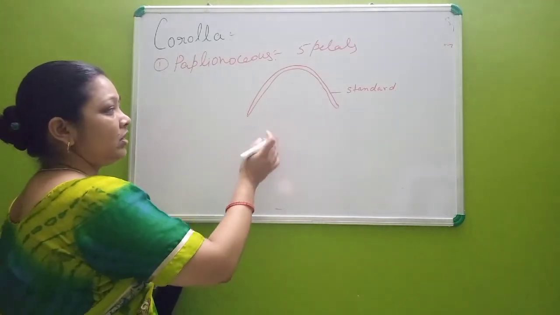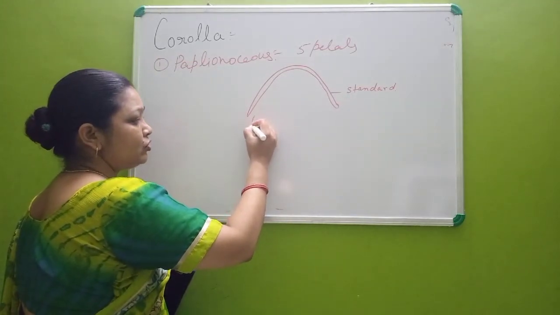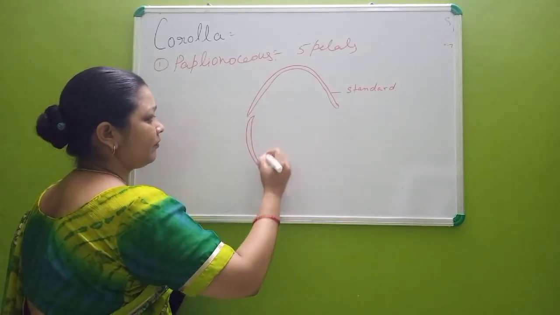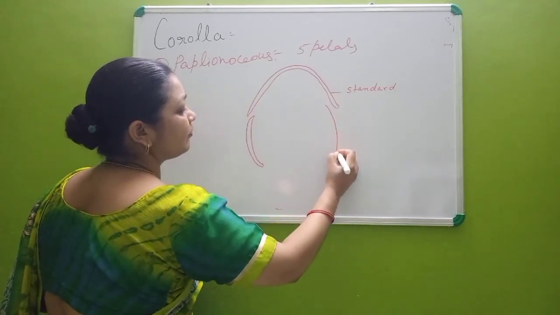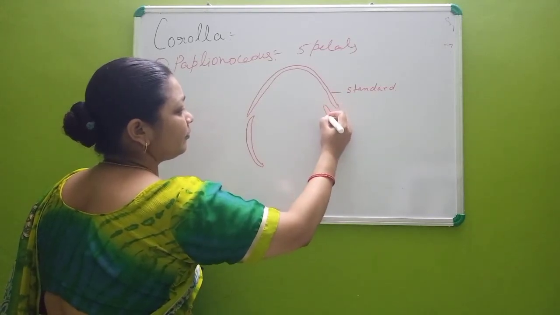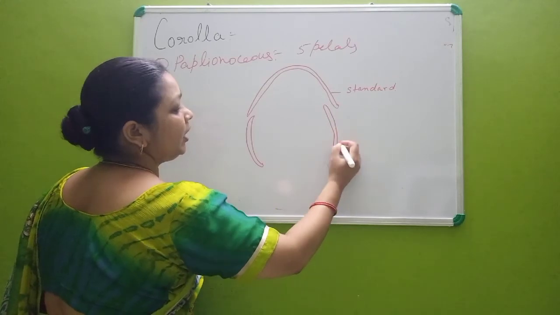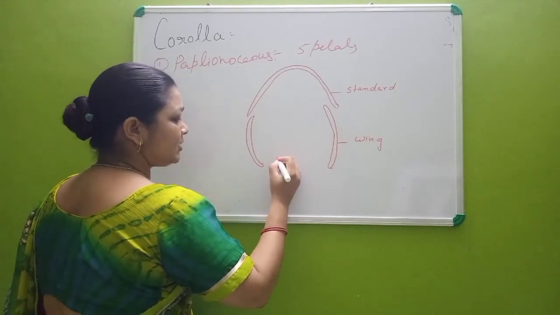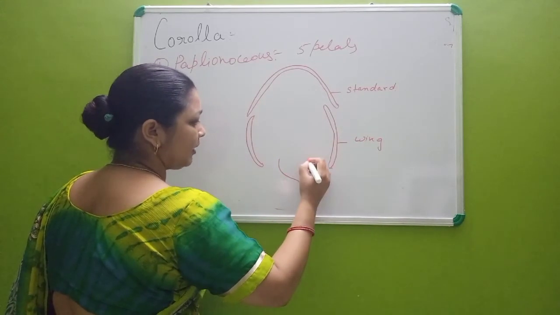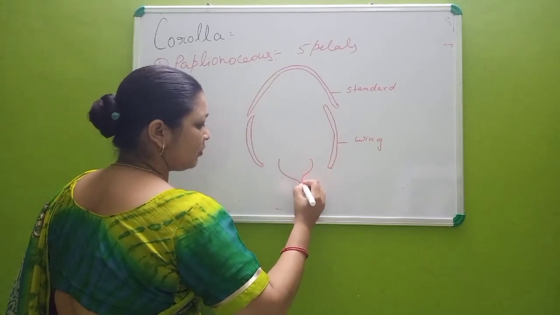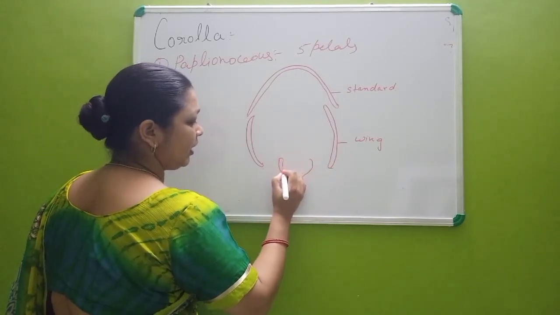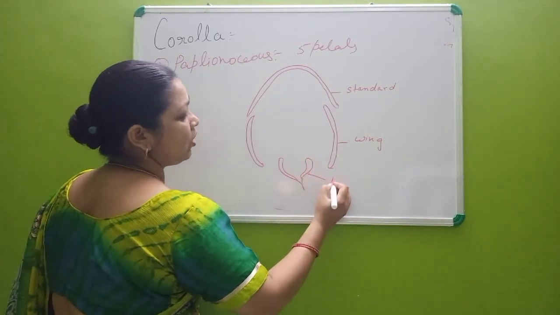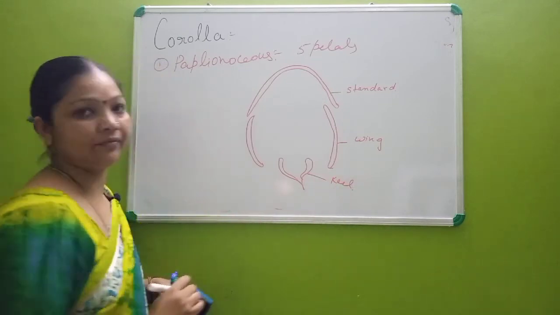Below this there are 2 smaller petals, known as wings, and at last there are 2 more smaller petals which are joined at the end, and this is called the keel.